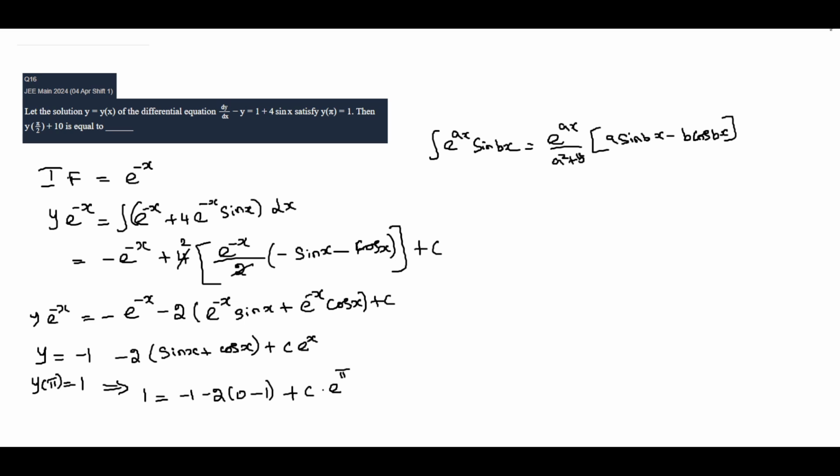So 1 plus 1, which is equal to plus 2 plus c into e power pi. So 2 cancels, which means c equal to 0. C equal to 0 means y equal to minus 1 minus 2 sin x plus cos x.